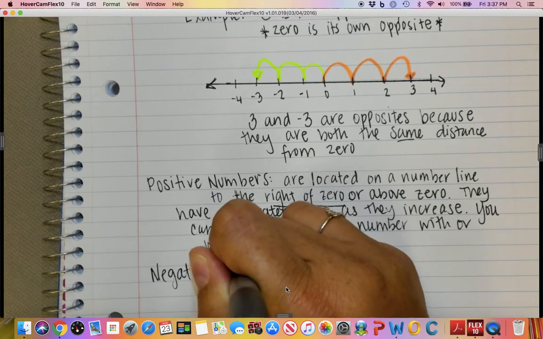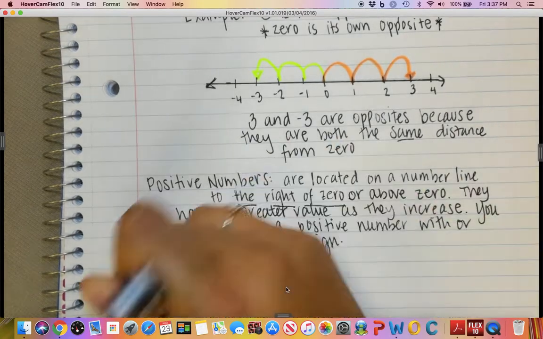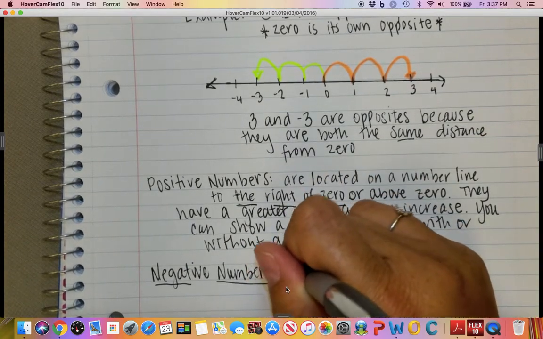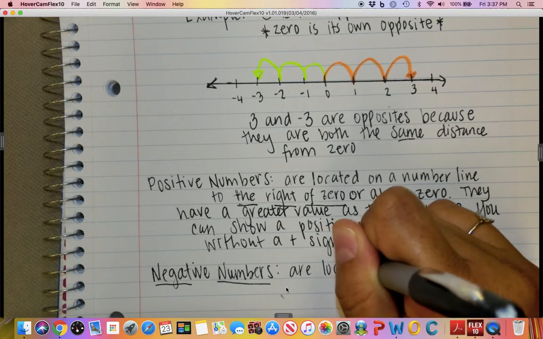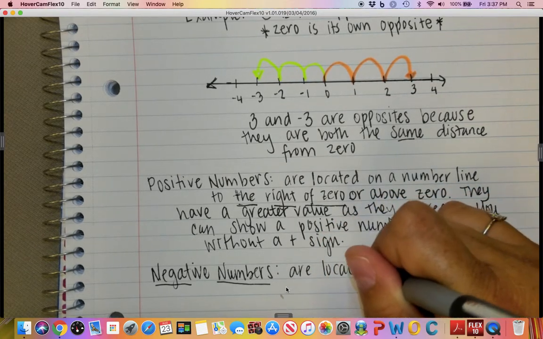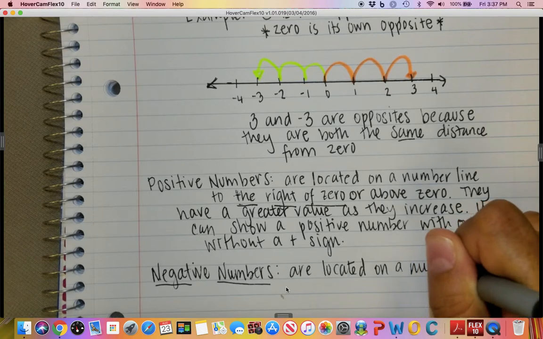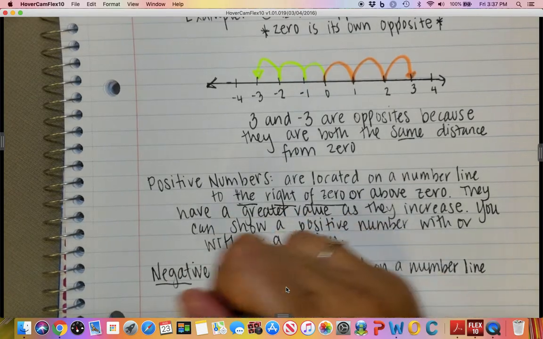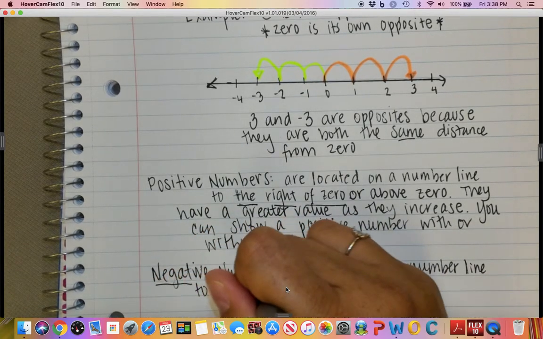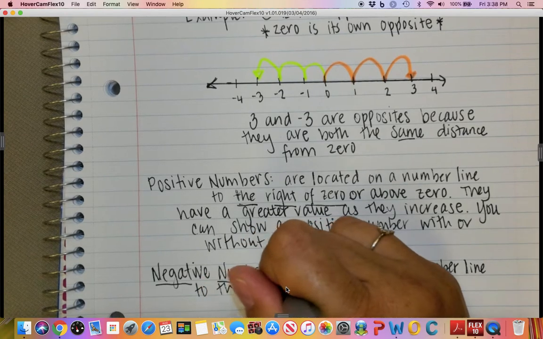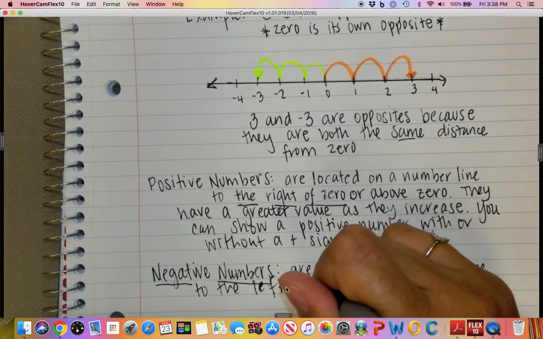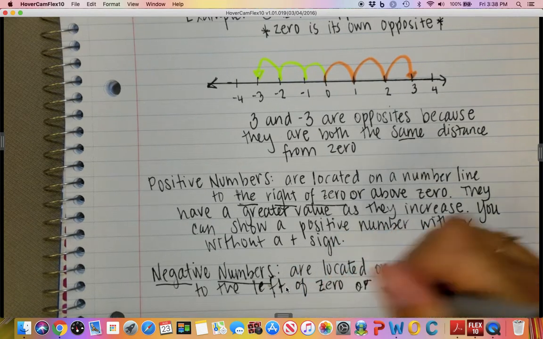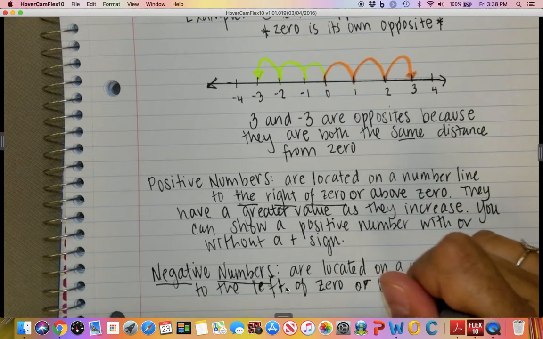Negative numbers are located on a number line to the left of 0 or below 0.